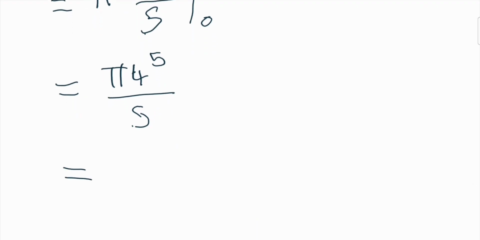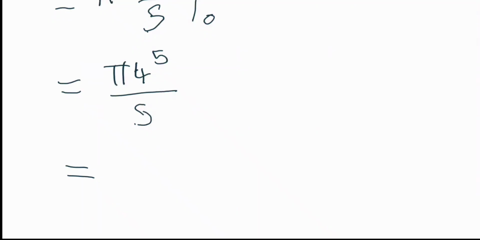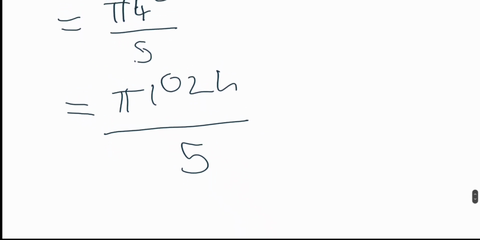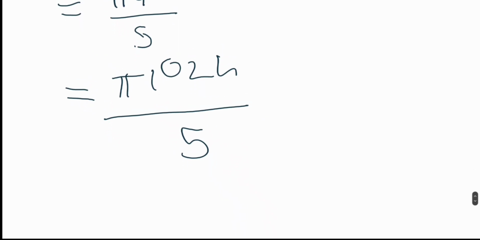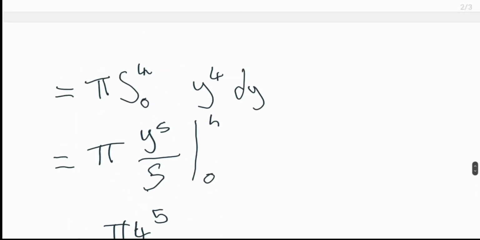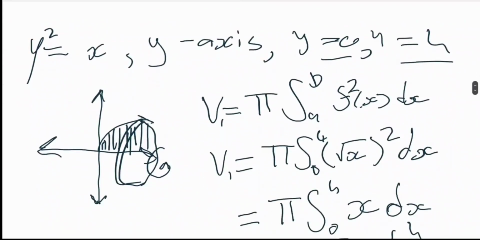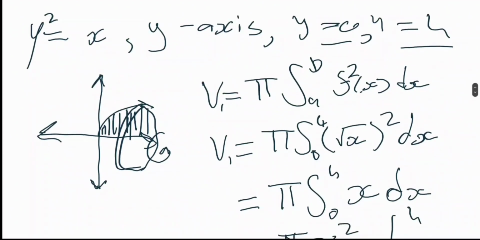So 4 to the 5th is, wait, let me use my calculator. 4 to the power of 5 is actually 1024, so 1024 pi divided by 5. Now, I'm not going to simplify this any further, but we'll leave it at this. And that is the answer for the solid rotated around the y-axis from y equals 0 to y equals 4.